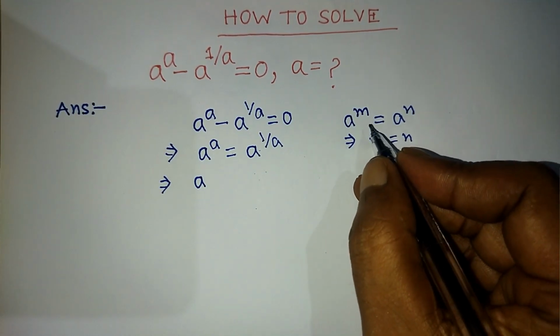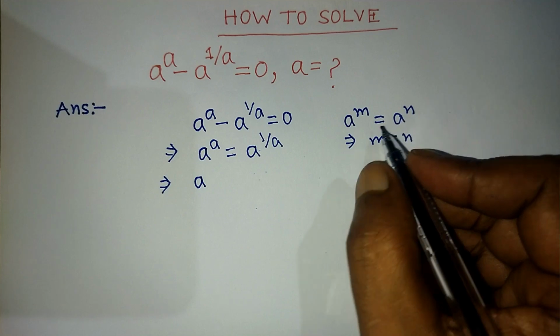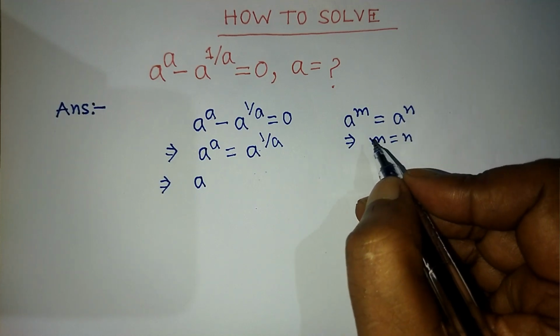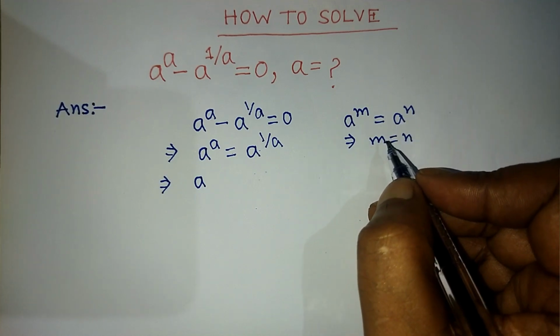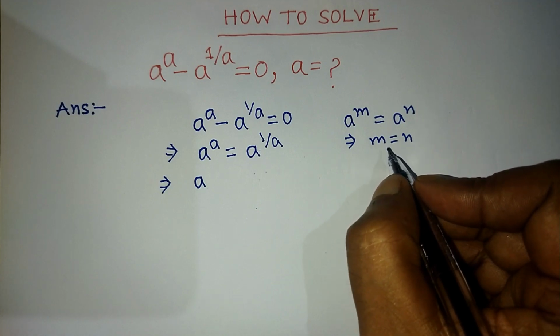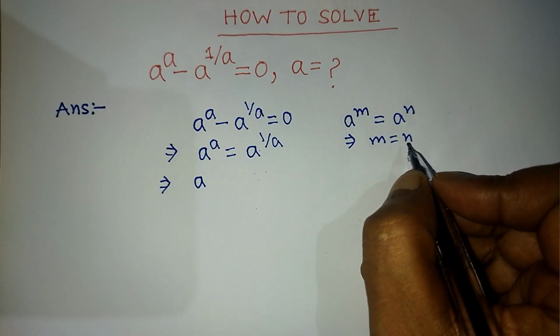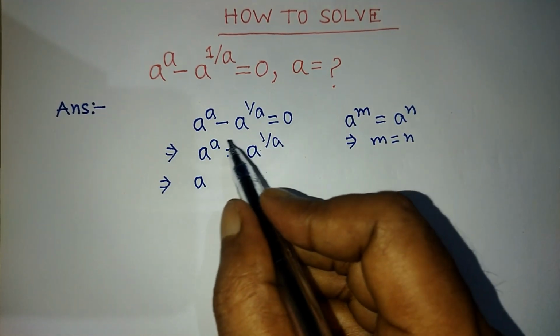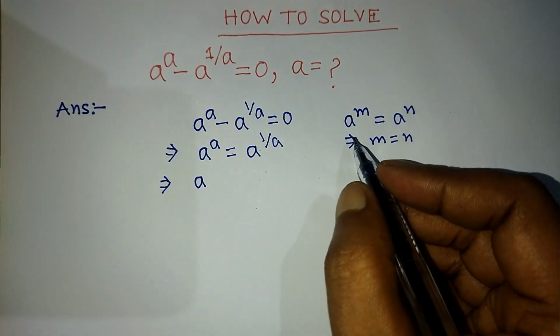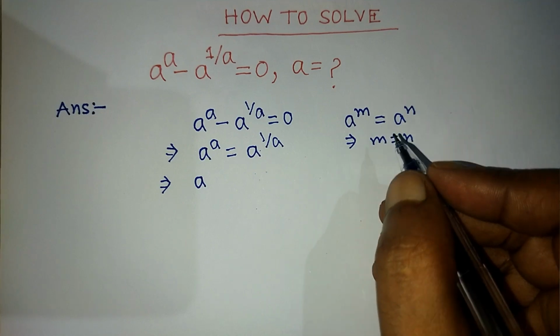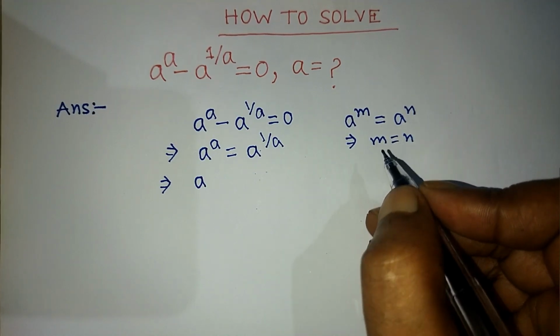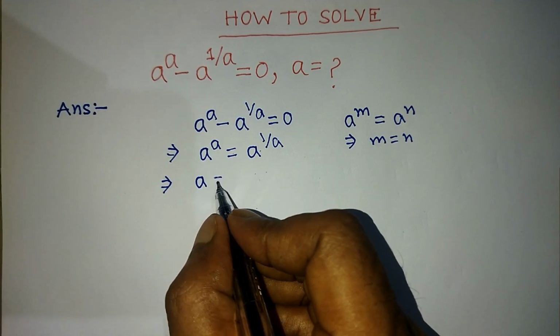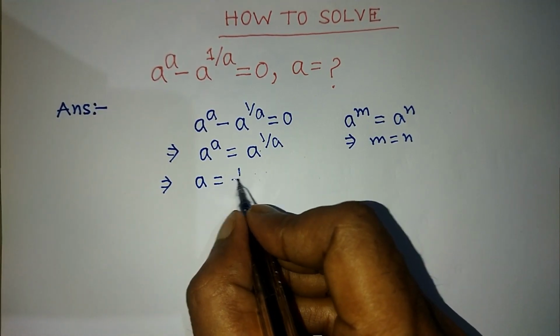Okay student, in both sides of this equation the bases are equal, that means we have to cancel the base, and at that time we have to write m is equal to n. So after applying this formula we can write in here a is equal to 1 over a.